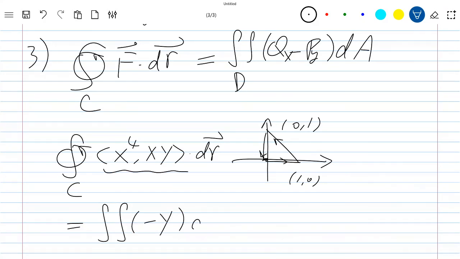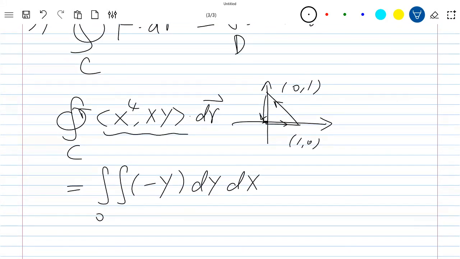And dA is just dx dy, or if you like, let's say dy dx. So x is from 0 to 1. Then for each x, y is from 0 to x, right?